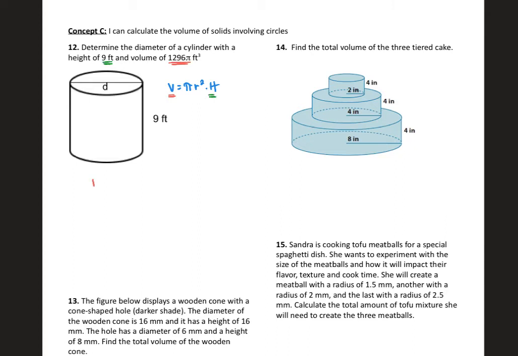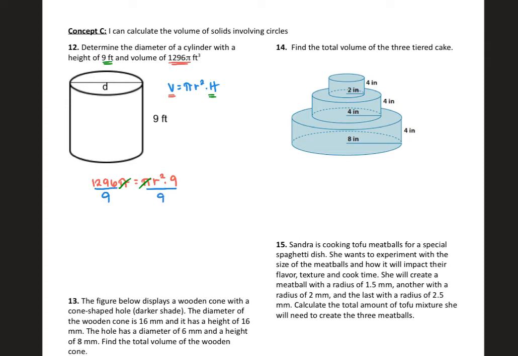So what we end up getting is 1,296 pi equals pi r squared times 9. Well, remember, when there's pi on both sides, we can divide by pi, which cancels it out on both sides. And then it's just a matter of isolating your radius. So we're going to divide both sides by 9 to get r by itself.